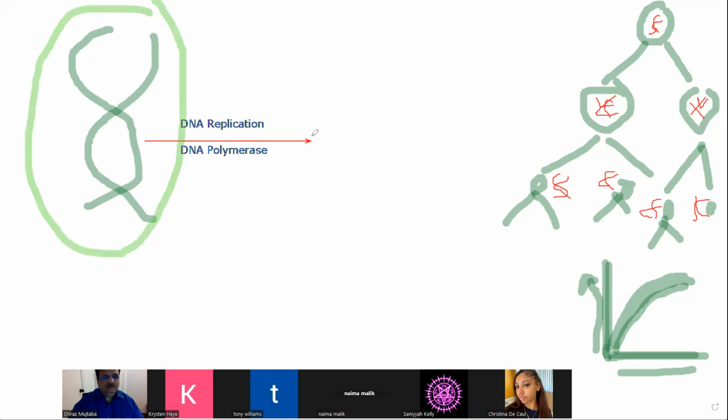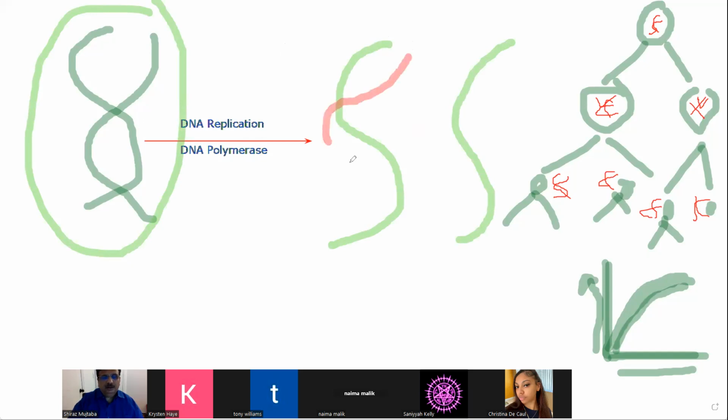When the DNA has to replicate, this DNA strand will separate. So double strand becomes single strand. And then a new daughter strand is synthesized.